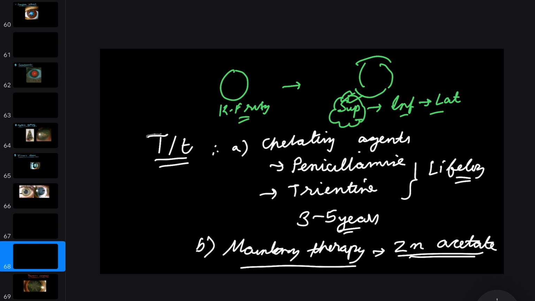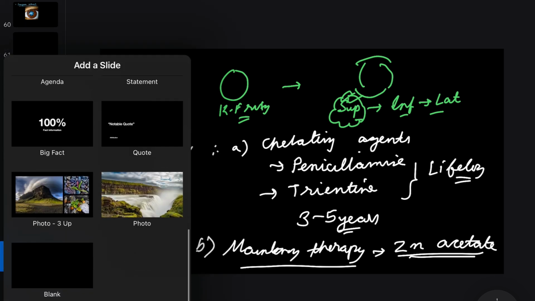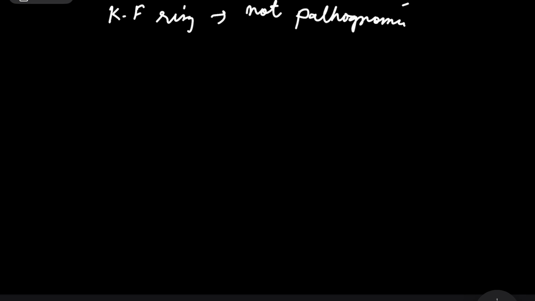Another important thing to know about the Kaiser-Fleischer ring, just one last fact. It has been seen that the Kaiser-Fleischer ring is not pathognomonic for Wilson's disease. How sad is that?